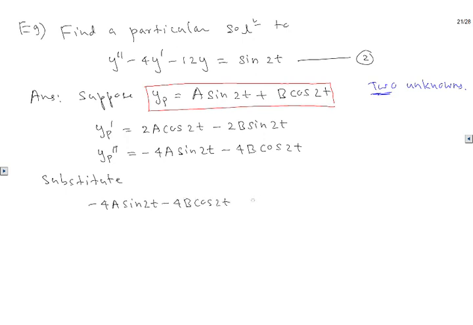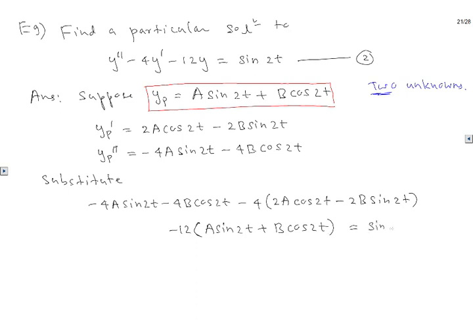That's the first term, and then minus 4 times, plug in the derivative, which is 2a cosine 2t minus 2b sine 2t, and then negative 12, and we're going to plug in here again, but that's the original one, so it is a sine 2t plus b cosine 2t, which equals what is on the other side. The other side is sine 2t.